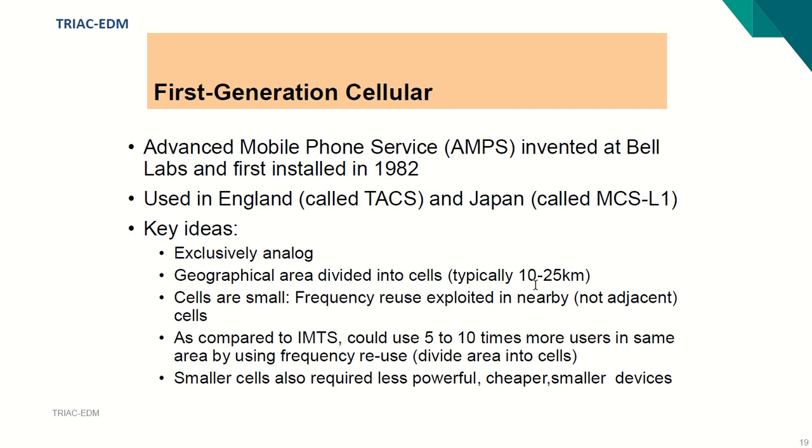As you can imagine, if we use 10 to 25 km to cover a cell, and the frequency doesn't get to be reused in such a large area, we will not be able to cover a lot of users. And it's definitely not going to work in today's network.